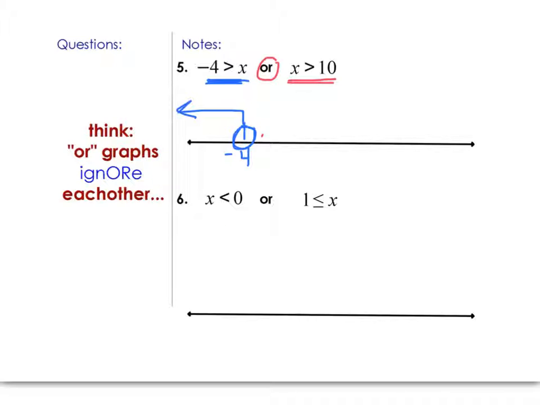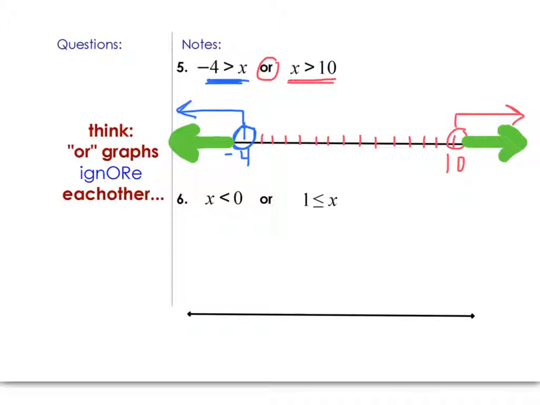So if I do some tick marks, I have an open circle at 10. X is greater than 10, so I want all of the stuff over there, all of that shaded region. So what's my answer? Well, my answer is everything down here and everything up here. This way or that way.